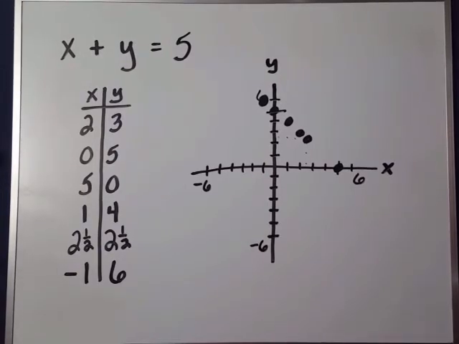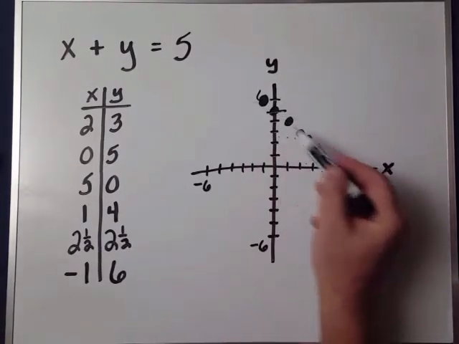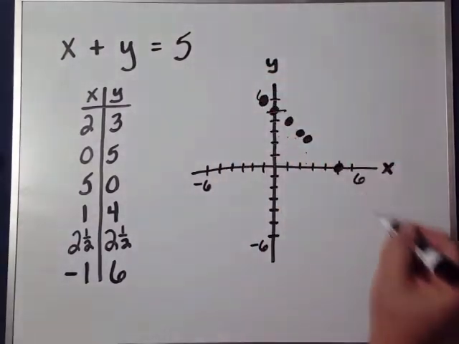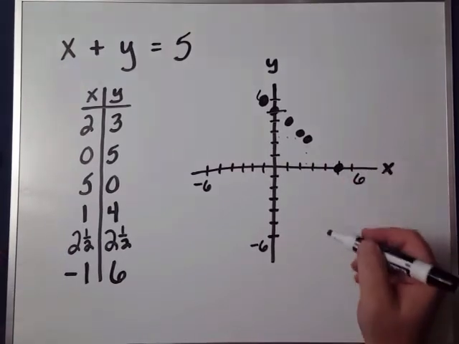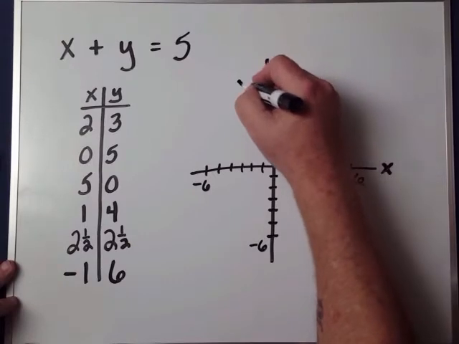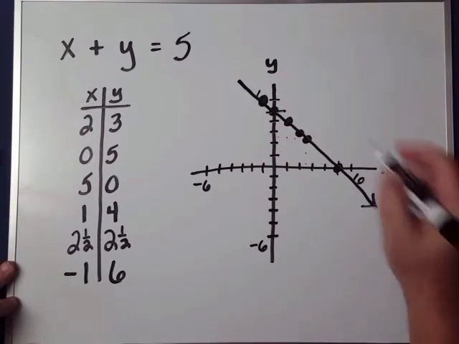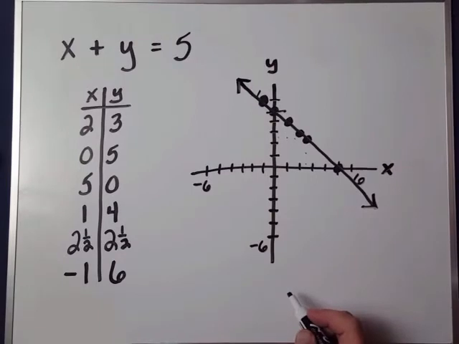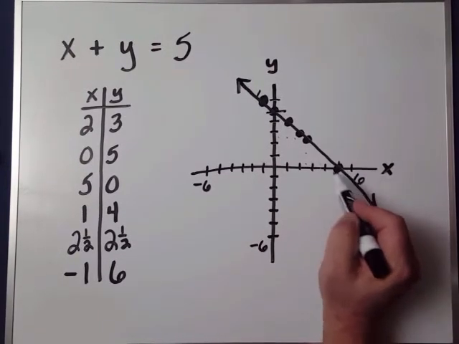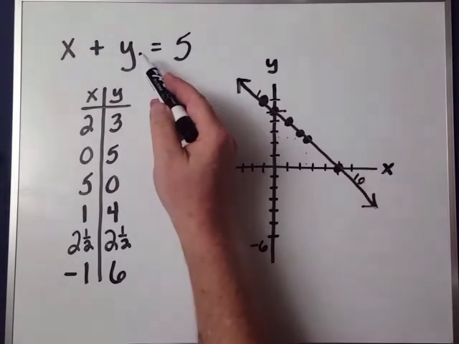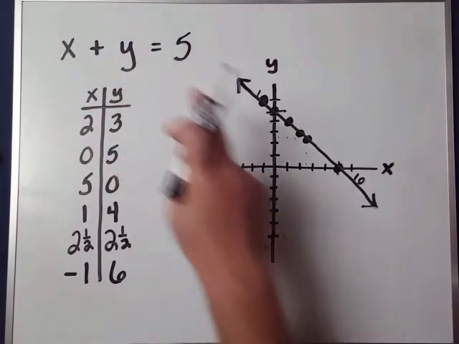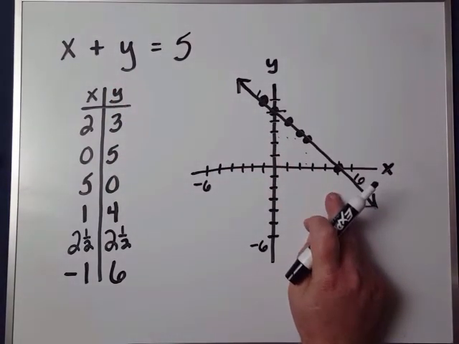That is, if I were to continue plotting points, I would end up filling in a solid straight line. You might want to take a ruler and put it here for your straight edge. I'm just going to try to wing it. Every point on this line is a solution to that equation. Every solution to that equation is a point on that straight line.